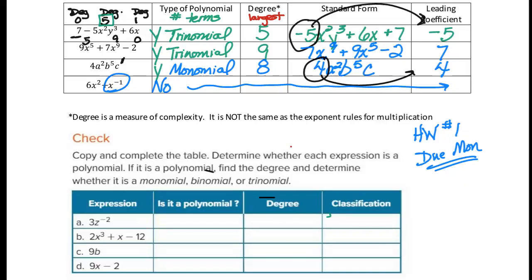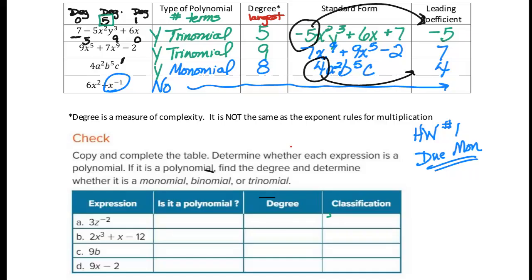Let's go back to this one. What's the degree of 21? You're like, what is that? 7 degrees. No. 21. The number is 21.